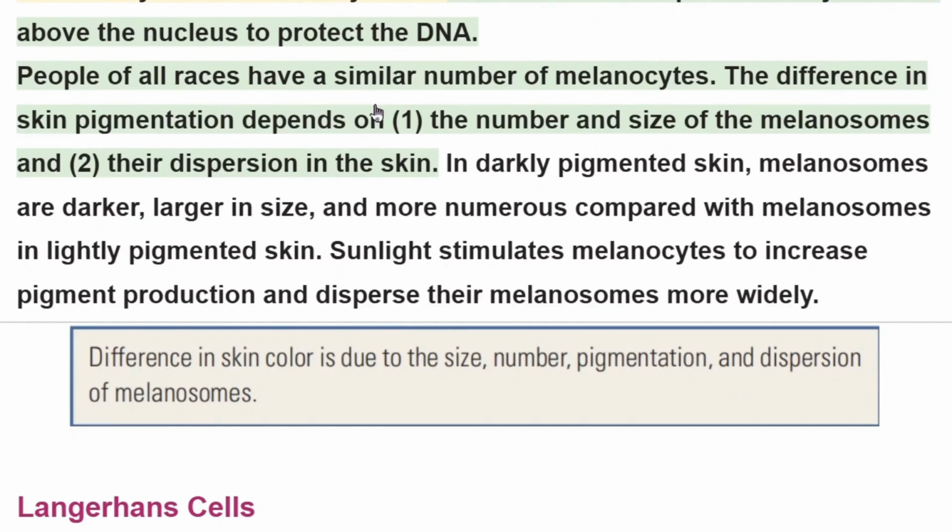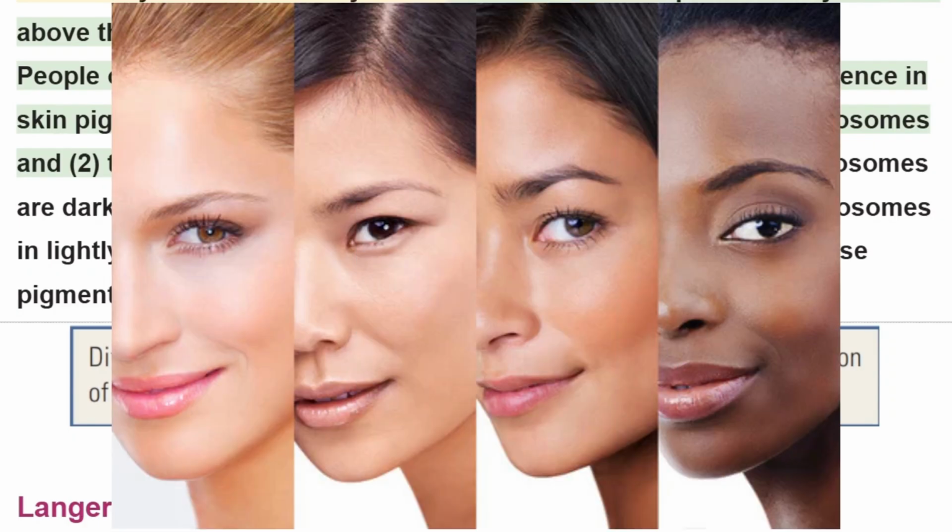People of all races have a similar number of melanocytes, and this is important. In dark-skinned and light-skinned people, the number of melanocytes is similar or equal. The difference in skin pigmentation depends on, first, the number and size of the melanosomes, and second, their dispersion in the skin.